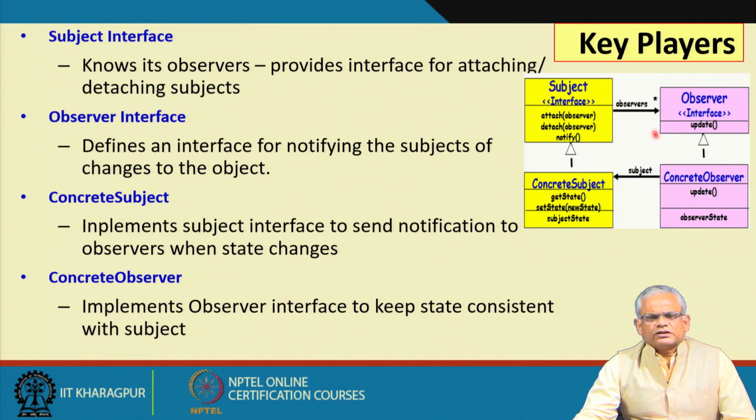Now, this is the class structure recommended by the observer pattern. As you can see that there are 4 classes here. One is the subject interface. This is the interface class, and we know that interface is a good mechanism to decouple and reduce coupling, to reduce dependency.